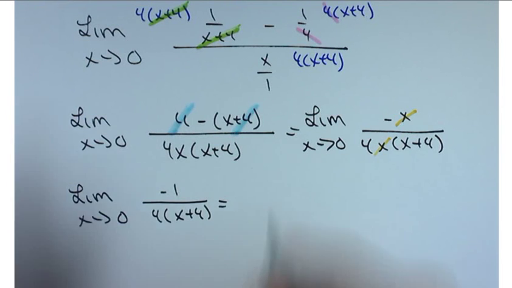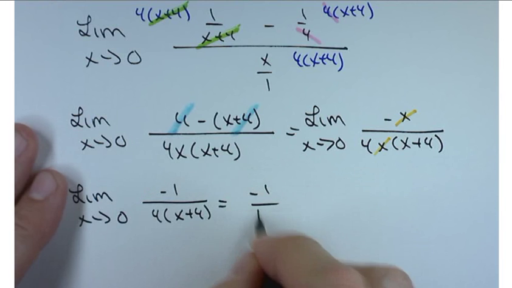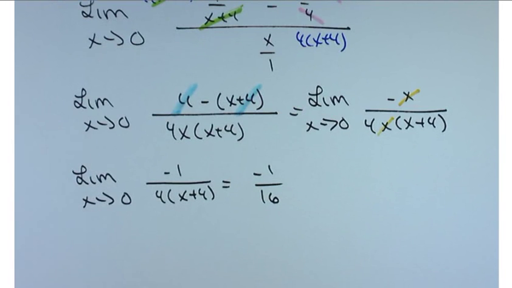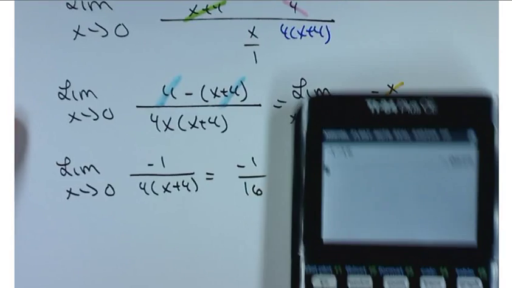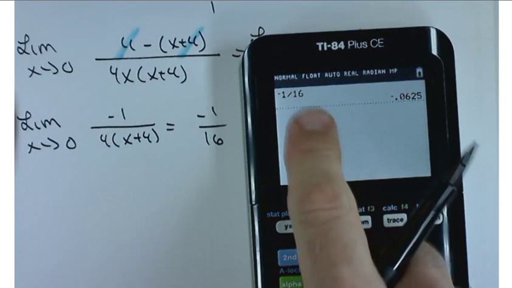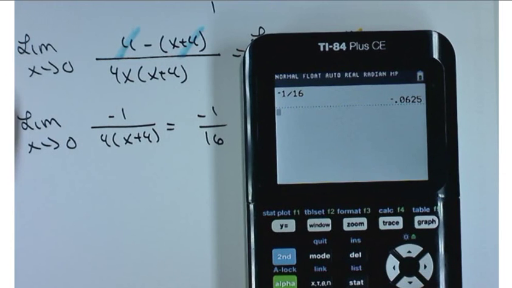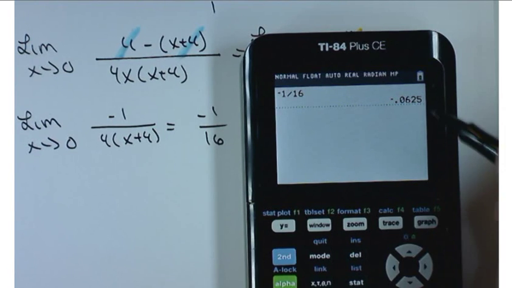So negative 1 divided by 16. If you compare that on your calculator, negative 1 divided by 16, that's your negative 0.0625 that we saw from our tables. So, okay, good. Makes sense out of what we saw from our tables. You don't have to recognize this number. It should come out in the limit.